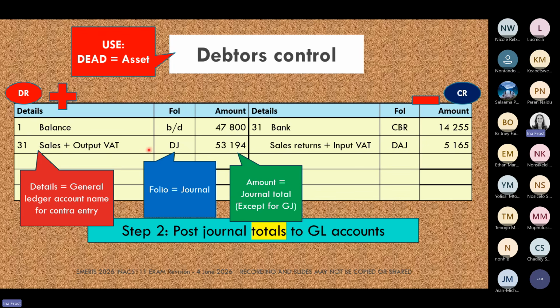So for our credit sales, the other two accounts are sales and output VAT. And don't forget to refer to the VAT as well. Folio is the journal. In which journal did you find this total? And then the amount will be the total, except when you're posting from a general journal entry.